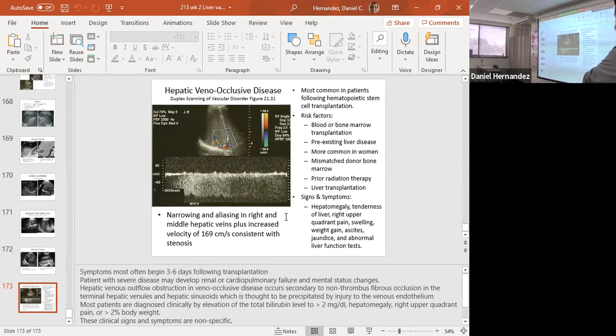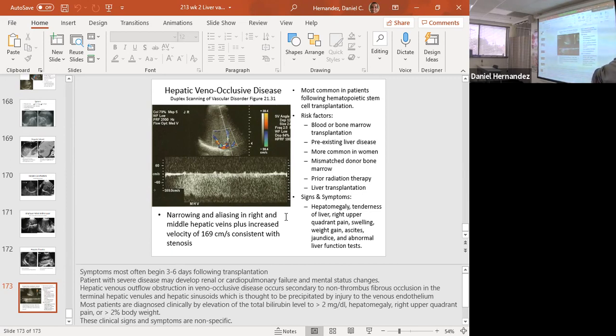So another thing that we can potentially encounter is hepatic veno-occlusive disease. This is most common in patients following hematopoietic stem cell transplantation. Risk factors include bone or blood marrow transplantation, patients with pre-existing liver disease.